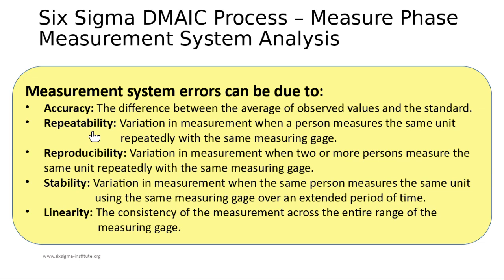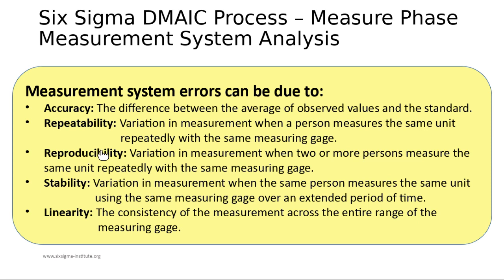Repeatability is the variation in measurement when a person measures the same unit repeatedly with the same measuring gauge. That means a person is doing the same measurements with the same tools, but when he does it repeatedly, he doesn't get the same value every time. So it is based on the repetition not meeting the exact standards every time.